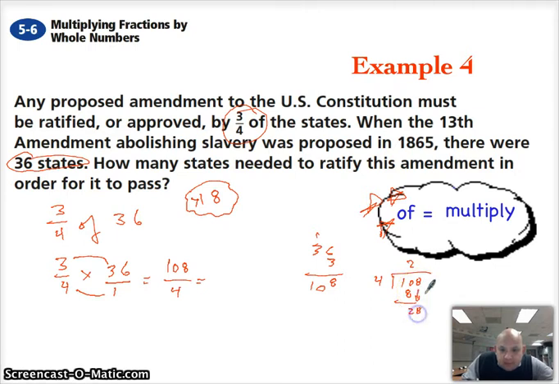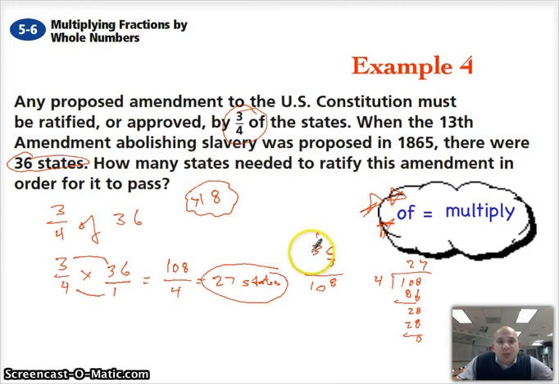Bring down the 8. 27. So 27 states needed to ratify this in order for it to pass. Is it greater than 18? Absolutely. So 27 states are what we're looking at.